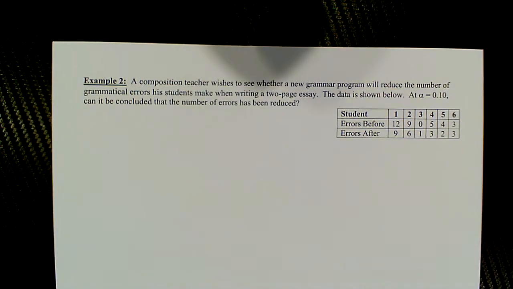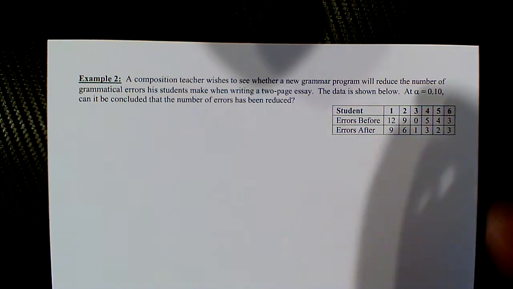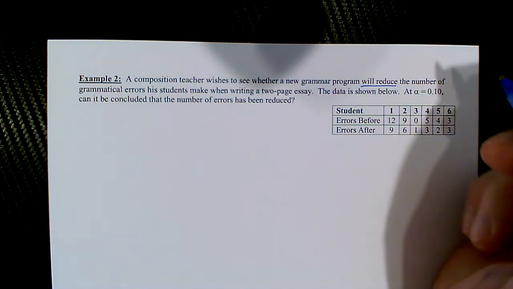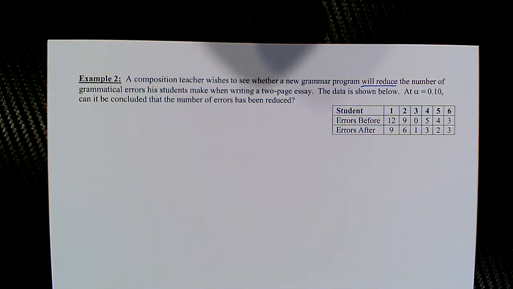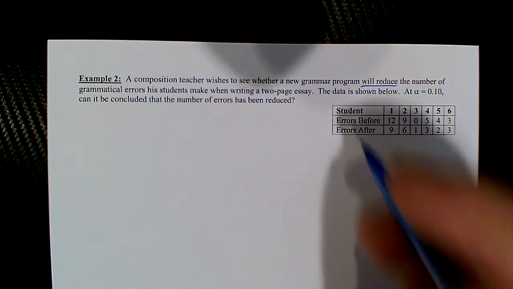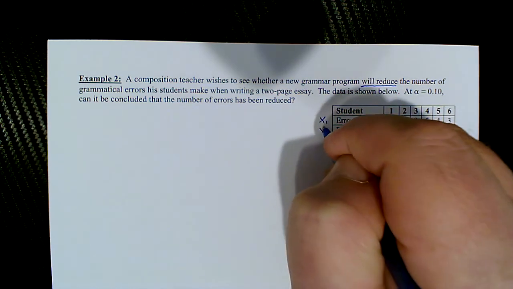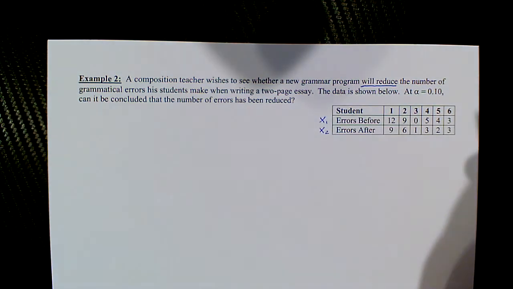Going through an example. This composition teacher wants to see if the program will reduce the number of errors. So look for a situation amongst the data pairs where there's a reduction in the errors. And remember, the before is x1 and the after is x2.